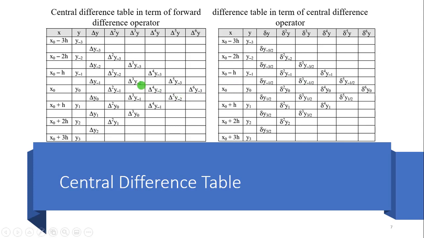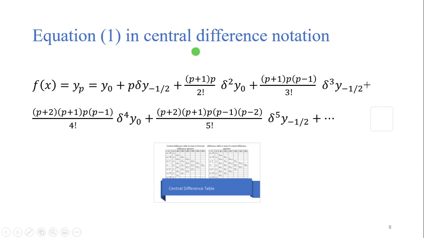Similarly the fourth order forward difference operator at minus 2 is replaced by the fourth order central difference at y0, and in the same way you can replace all the forward differences in equation 1 with the central difference operator. So in equation 2 all the forward difference operators are replaced with the central difference operator.